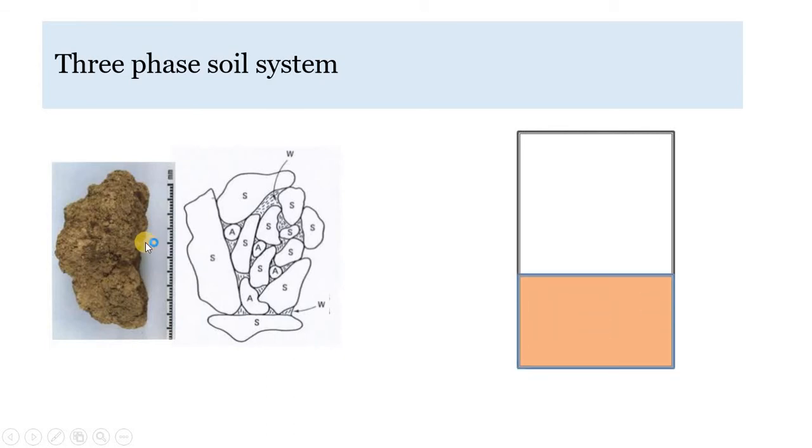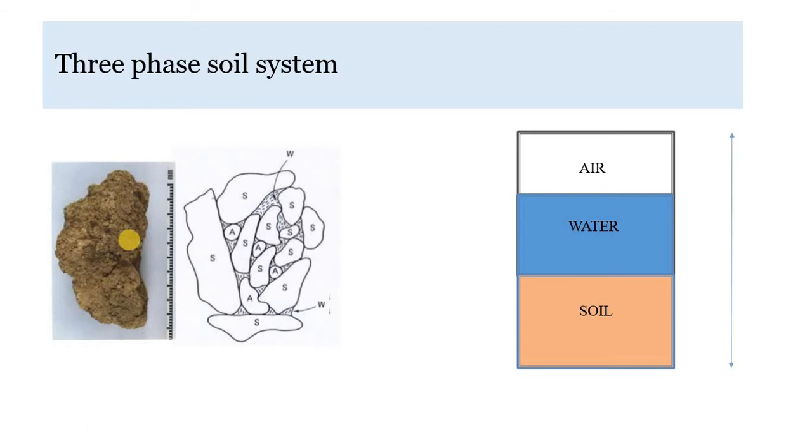which contains some part of soil, some part of water and some part of air. According to their volume, if the total volume is denoted by V, then the volume of soil is denoted by Vs, the volume of water by Vw, and the volume of air by Va.